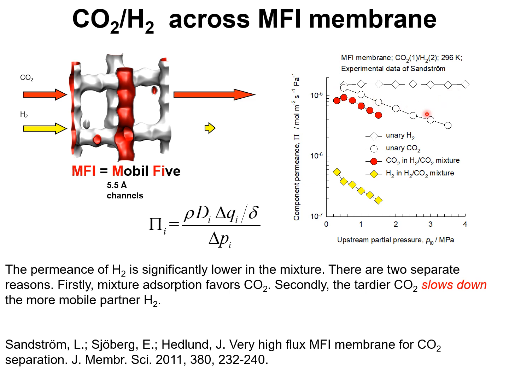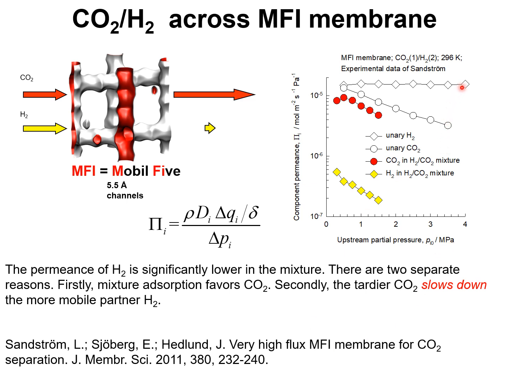The open circles are for CO2. The red circles are for CO2 permeance in the mixture, and the yellow diamonds are the hydrogen permeance in the mixture. For the mixture permeation, the experiments were carried out for equimolar hydrogen/CO2 mixtures in the upstream compartment. The permeances are plotted against the upstream partial pressures measured in megapascals.